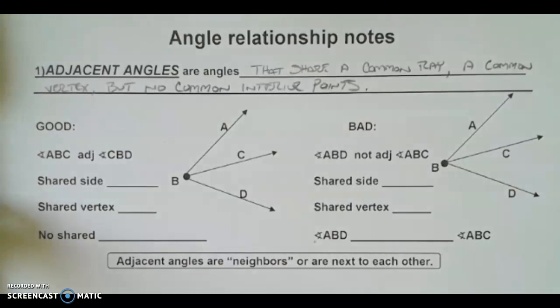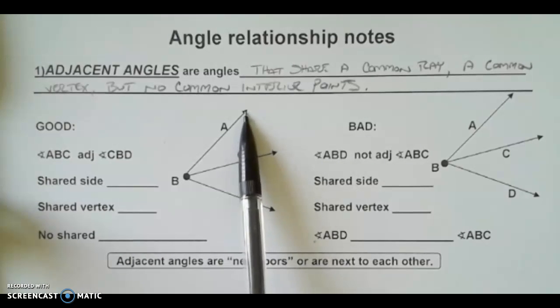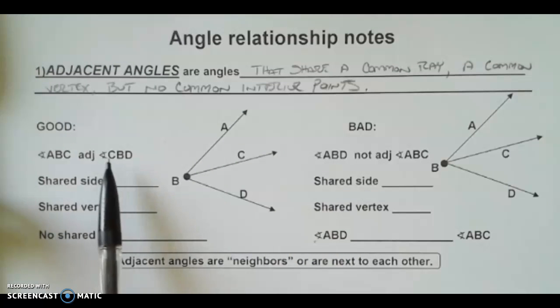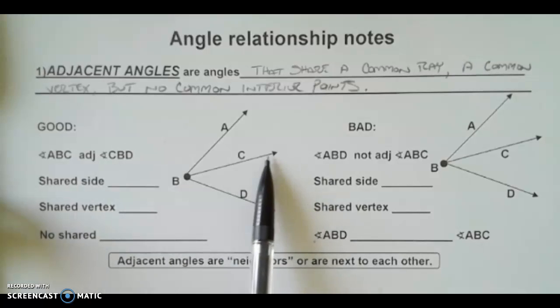So let's start with the picture on the left. Looking at this picture, we're going to look at angle ABC, which if I follow the letters, ABC is this angle right here. And then we're going to look at angle CBD, which is this angle right here, angle CBD. I'm going to take a colored pencil, and you can feel free to do this also.